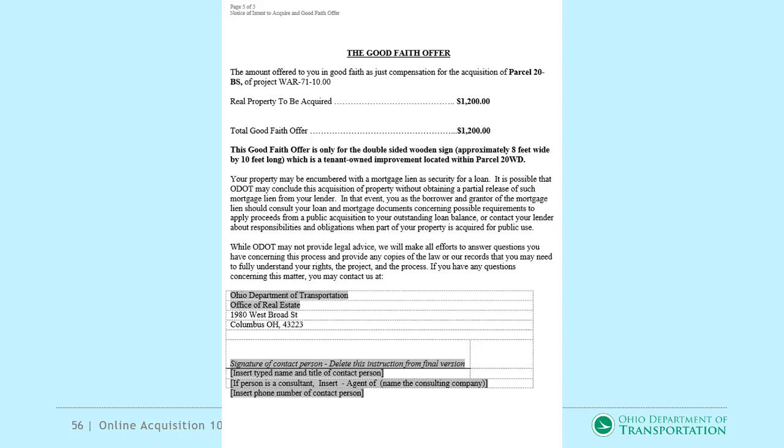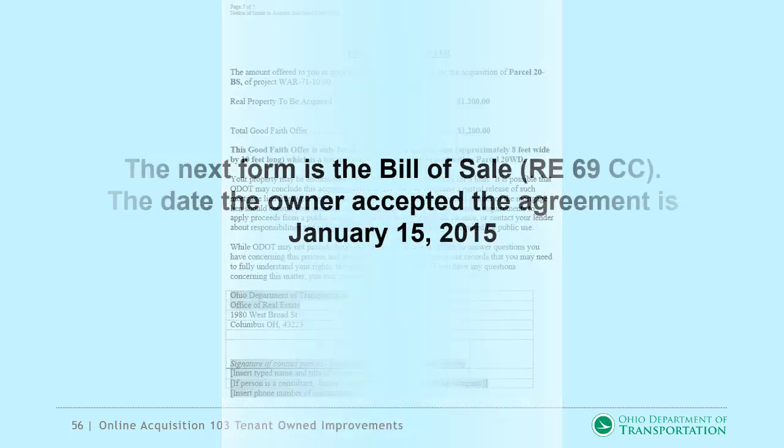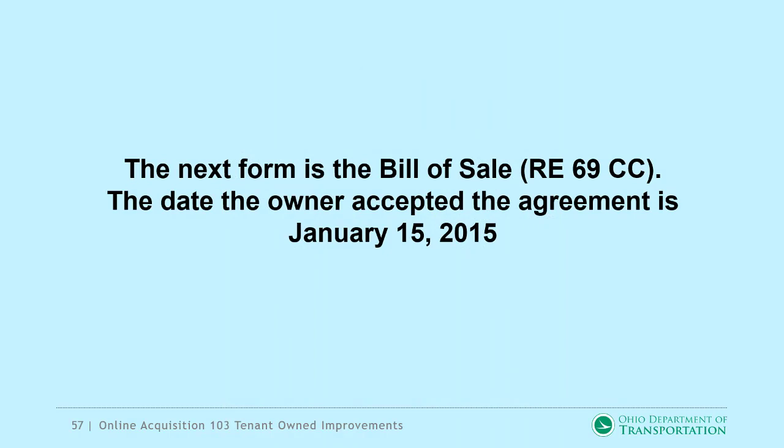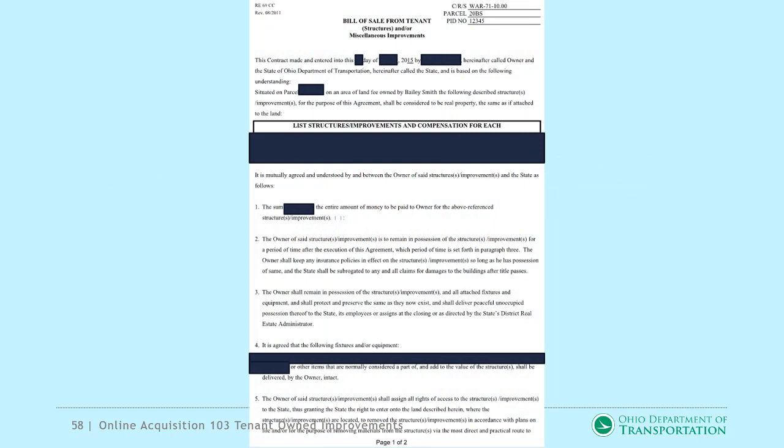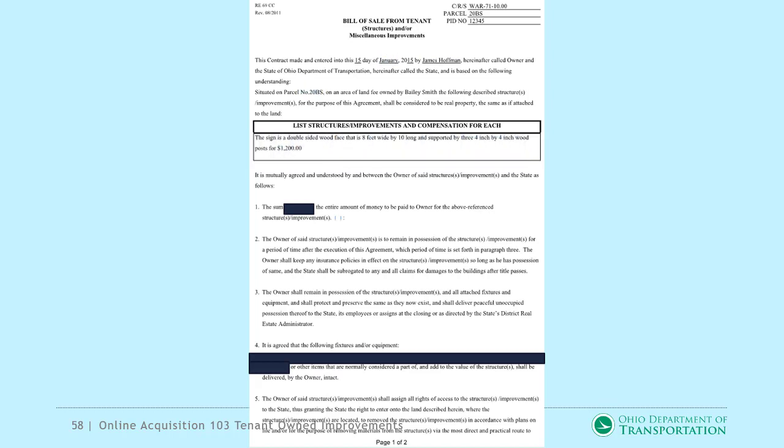So that clearly states that we're only offering the contributory value of the FMVE for the tenant-owned improvement. The next form is the bill of sale, the RE69CC, and it is dated when the owner had accepted, which was January the 15th, 2015. This is the actual bill of sale that is used, giving the date of Mr. Hoffman signing it, the parcel, and a description of what is being acquired for the improvement.